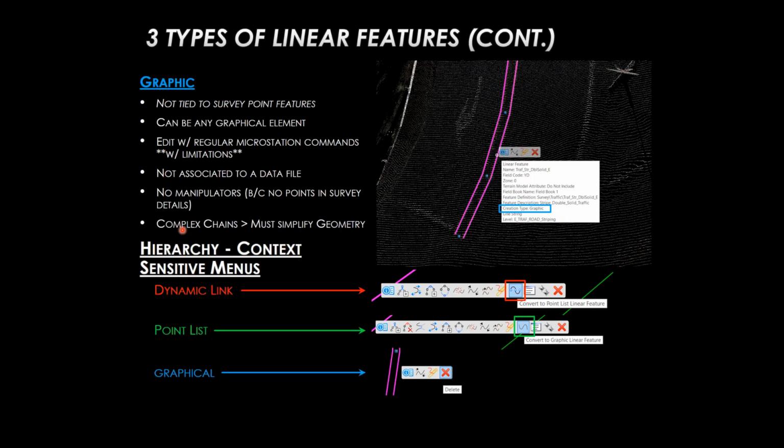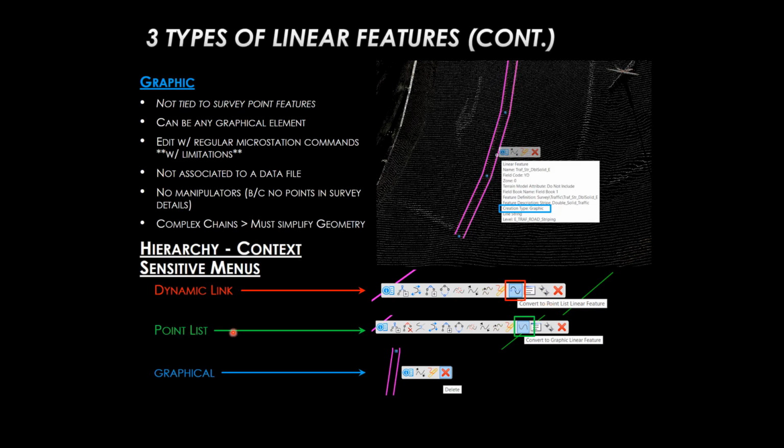Also, the three different types of features have a sort of hierarchy. This is the context sensitive menu for a dynamic link feature. You can convert that dynamic link feature to a pointless linear feature, which you will do quite a bit.